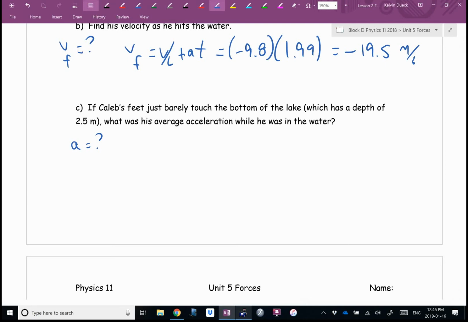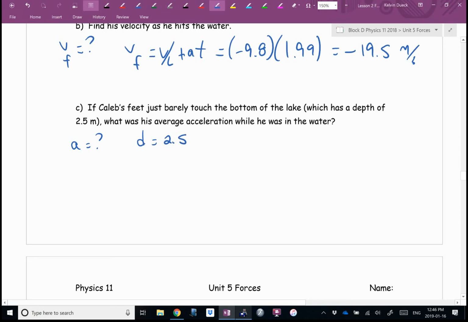So based on what we found in part A and part B, I'm going to find the acceleration by using the kinematics approach from before Christmas. So what do I know? I guess the distance we're traveling is 2.5 meters.